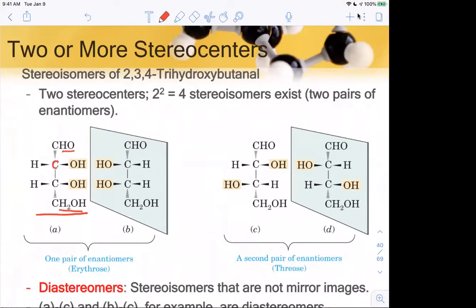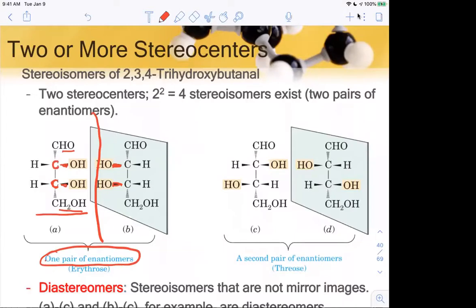This is where I have my stereochemistry centers. What if I have both of these hydroxy groups bolded pointing out at me? Now, the mirror image to that is going to have bolded hydroxys, but coming off to the left of those carbons. So this is one pair of enantiomers.